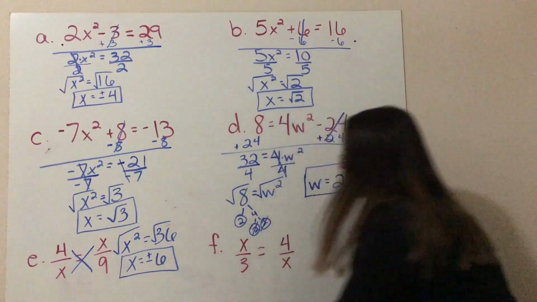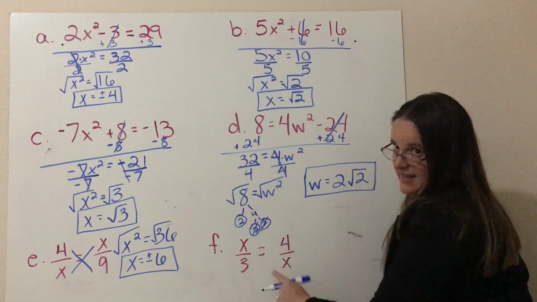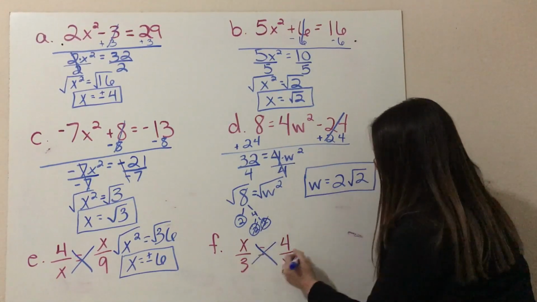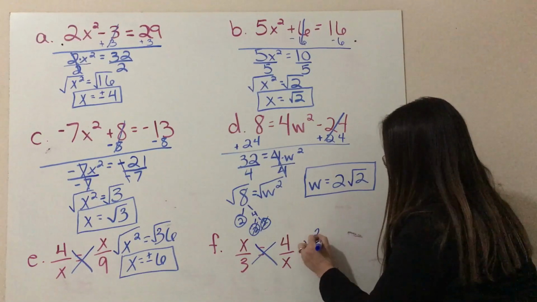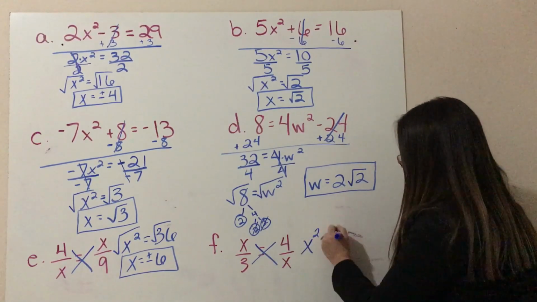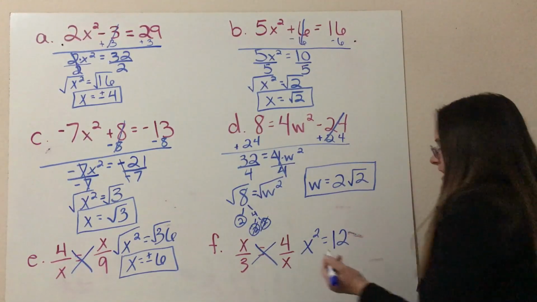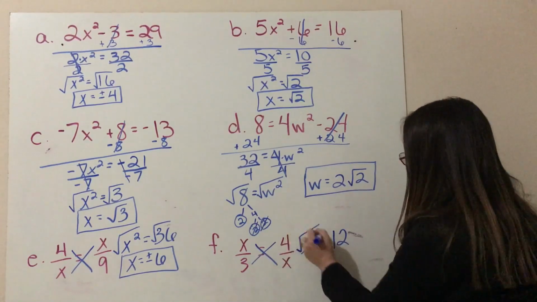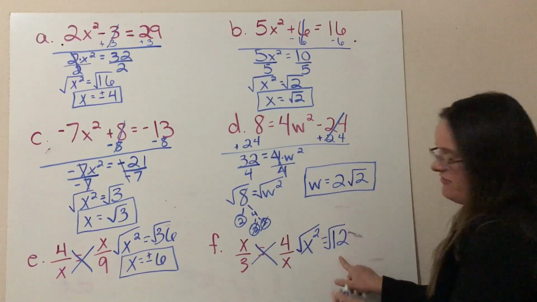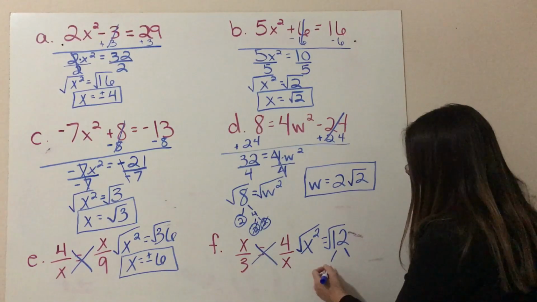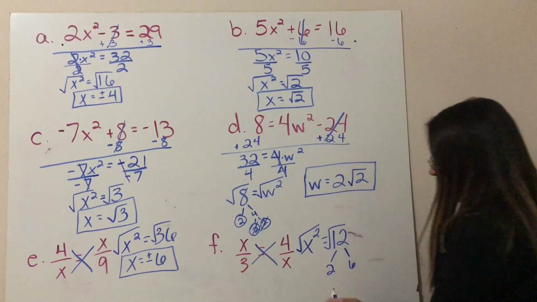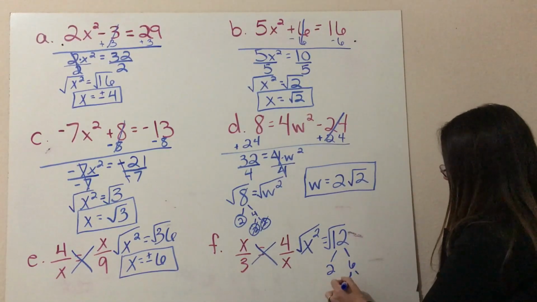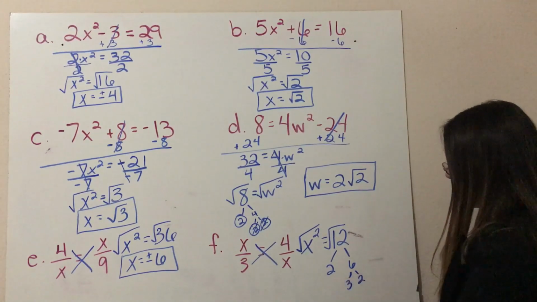And our final problem here, again, we're going to cross multiply. So x squared equals 3 times 4, 12. So when I take the square root here, I'm going to want to factor this guy out. 12, 2 times 6, and then 6 would be another 3 times 2.